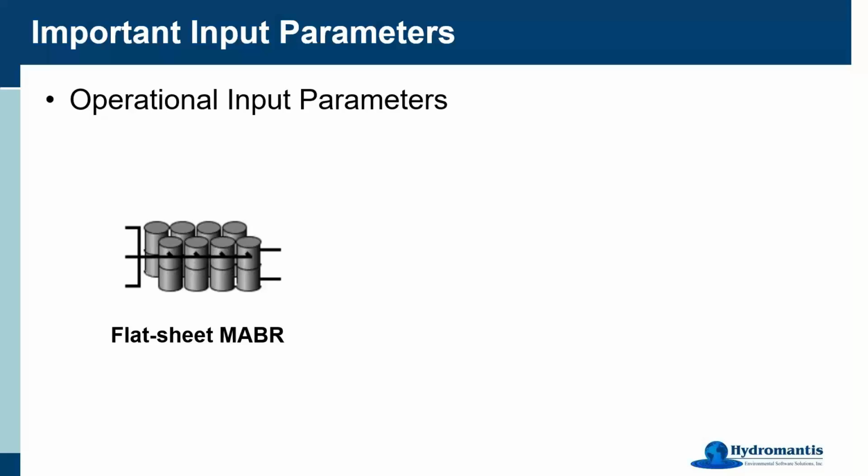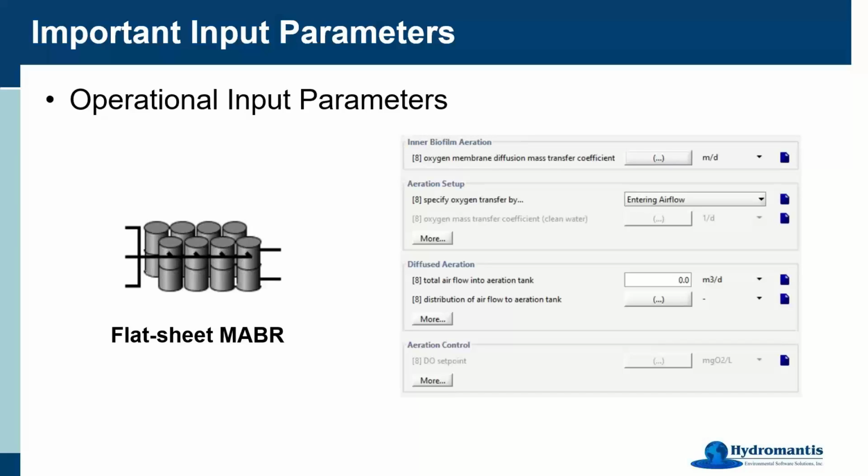Okay, so for the flat sheet MABR, we have a somewhat more straightforward way to specify the oxygen transfer. Again, it's an oxygen membrane diffusion mass transfer coefficient. So basically, it is a KLA value across that membrane. So you can specify how much oxygen you're trying to transfer at any given time.